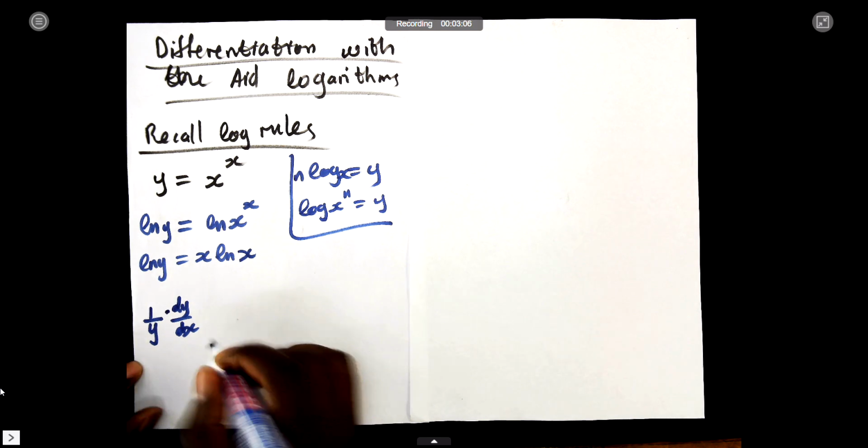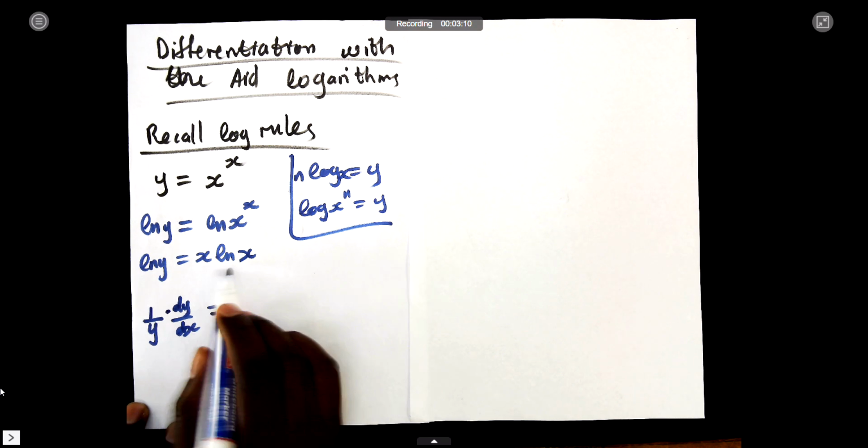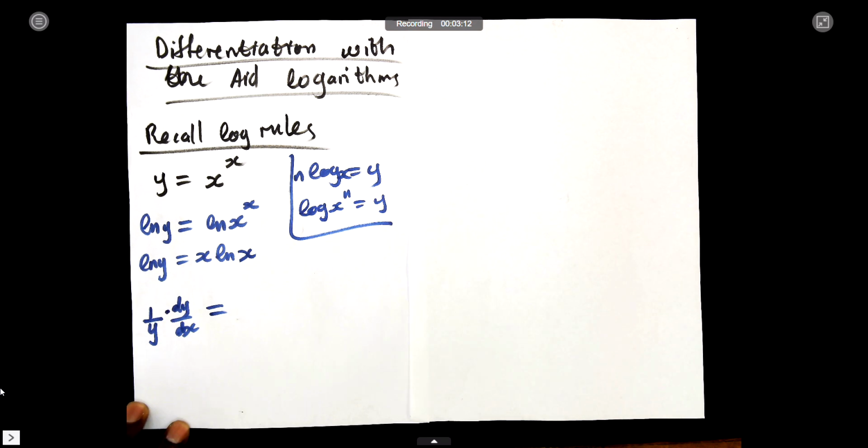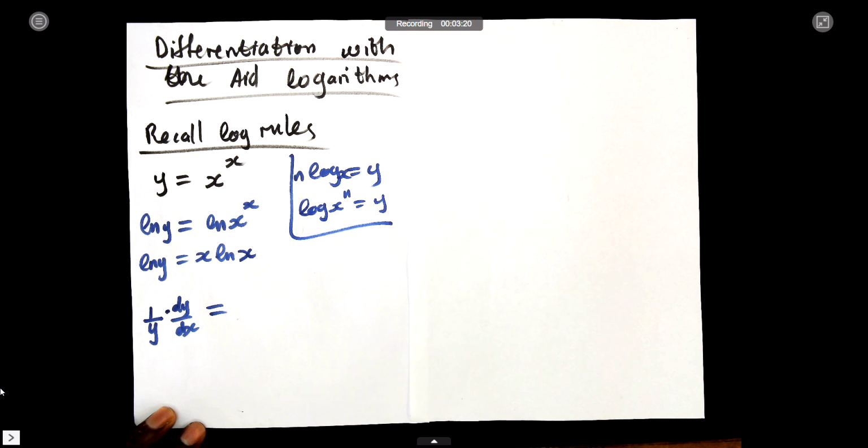Initially I said right hand side, but it was the left hand side. I hope you see that after applying logarithms, we have a product of functions. So now what do we have to do? We have to apply the product rule.